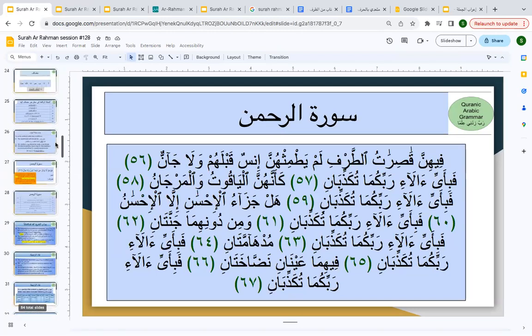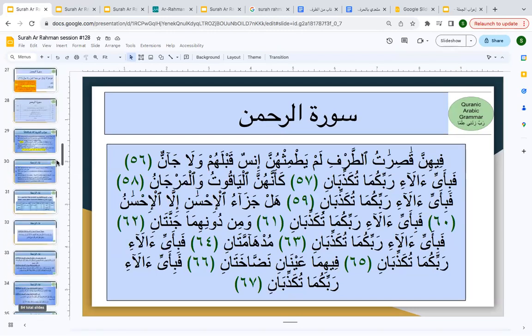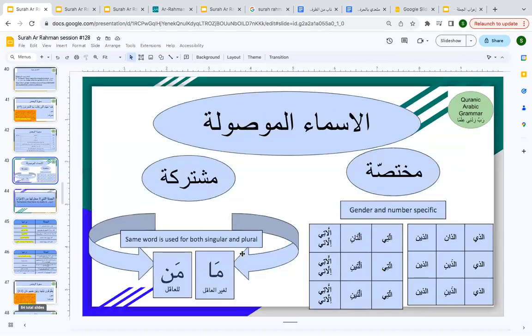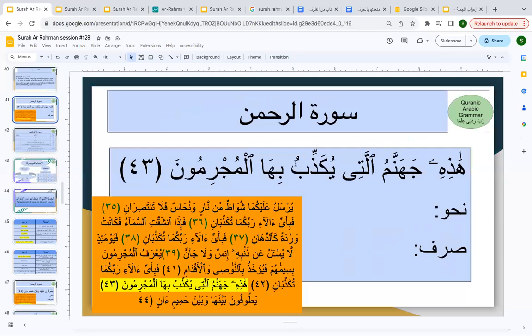Please remember it because I have spent a lot of time making this slide. Mukhtassa and mushtaraka. So this is from the category which is called mukhtassa, the khas one, the special one, right? So allati is a special one. So it's from the mukhtassa category, and it is connecting.